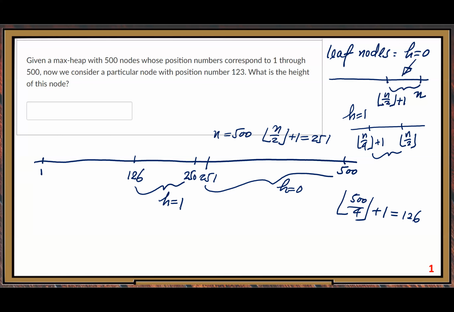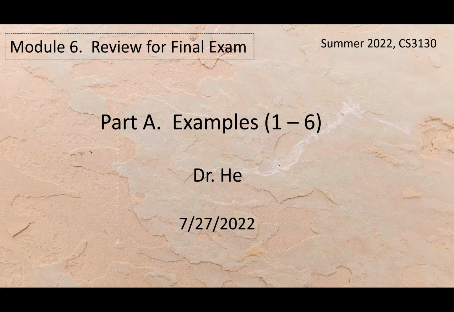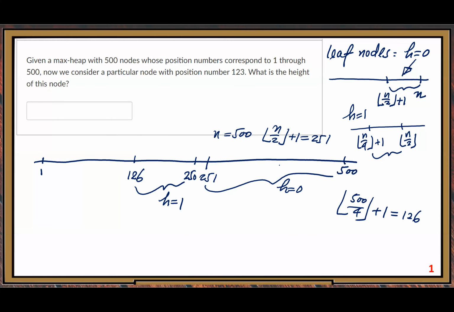Okay. Below, after that, 123, you can see it's not in this range, position number 123. Okay, yeah, not in height 1 range, here.